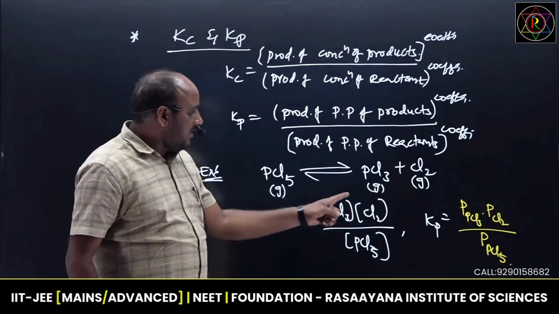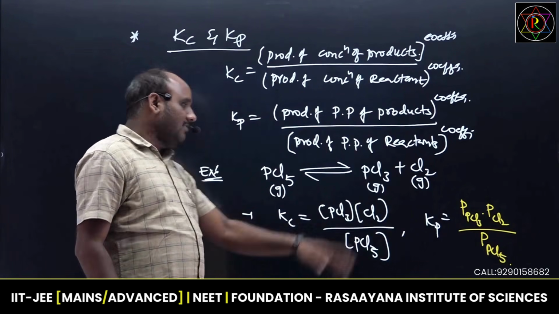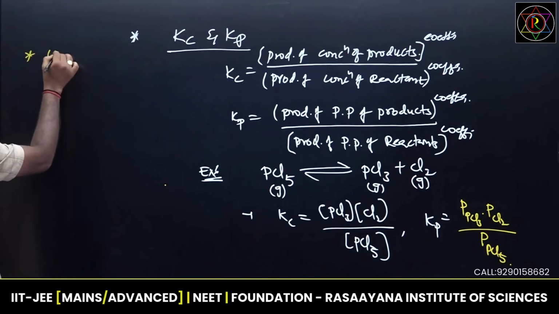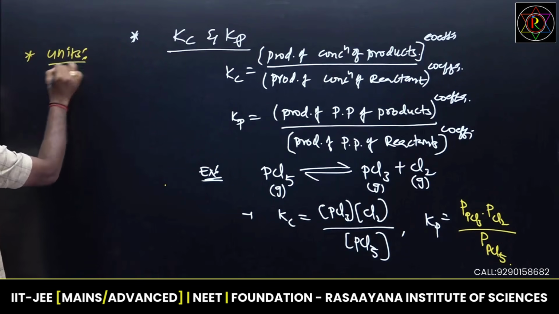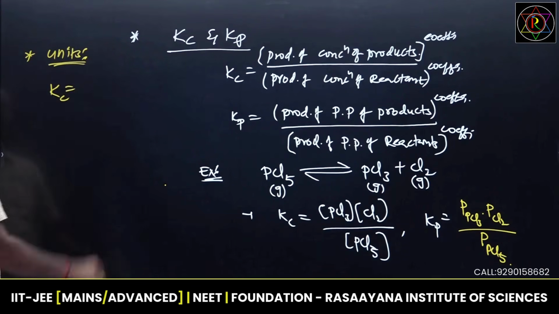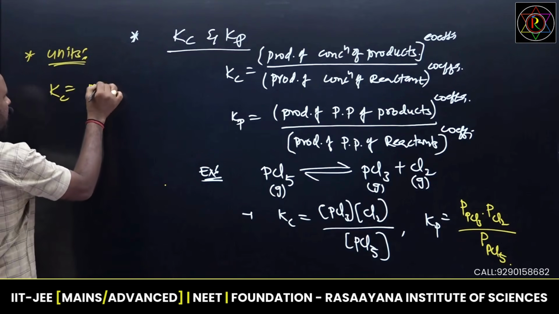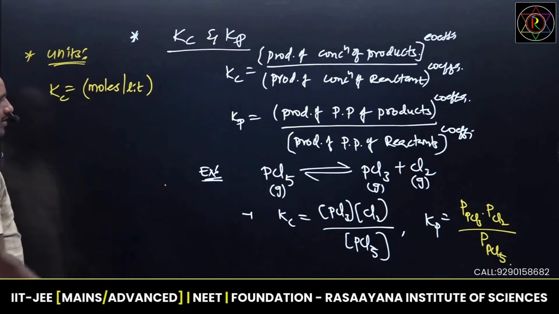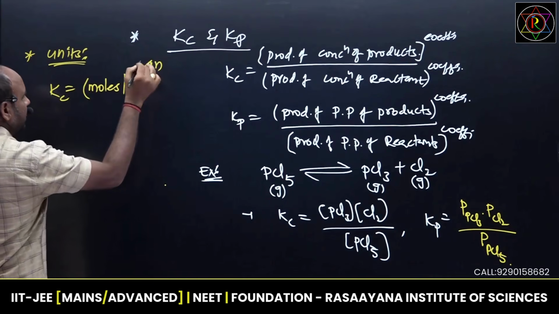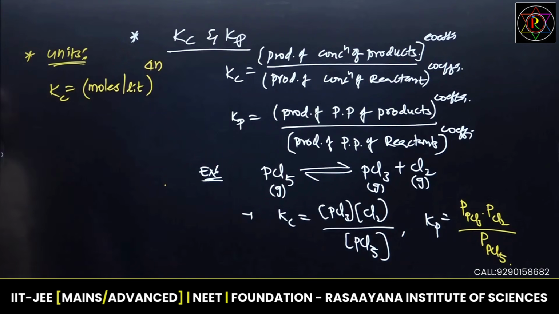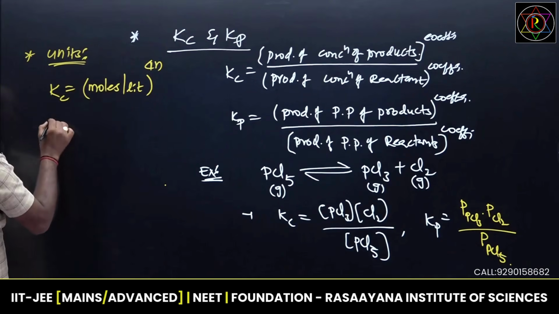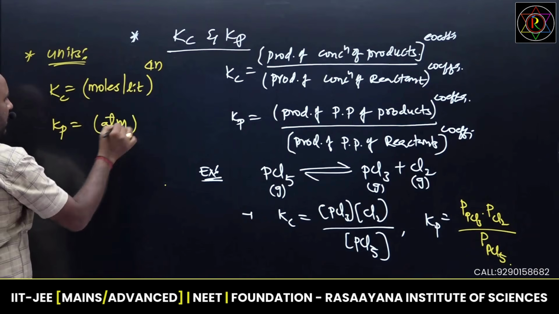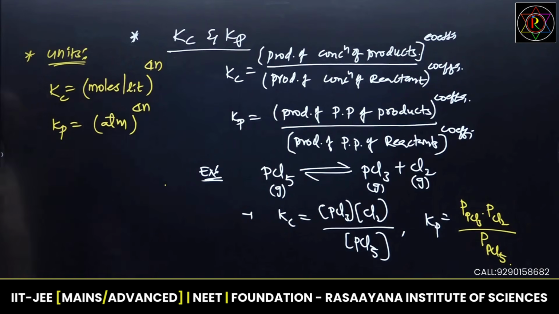Whenever concentrations and partial pressures are there, we have the units of Kc and Kp. The units can be written as follows: for Kc, concentration is expressed in moles per liter raised to the power delta n, and for Kp, partial pressure is in atmosphere, raised to the power delta n.